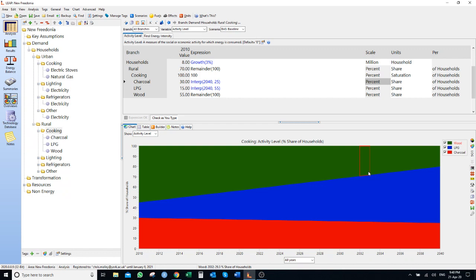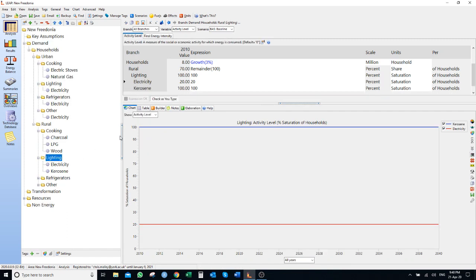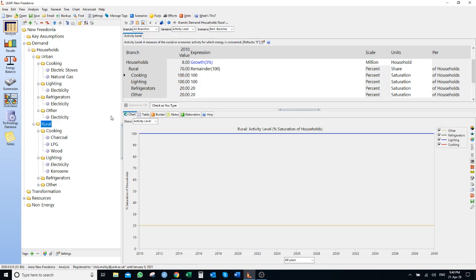The number of rural homes using refrigerators, lighting, and other devices is expected to increase to 40% by 2020, 73% by 2040. So now we have 2 years where we've been given a specific value. So we've been told that the number of households using refrigerators, so we're saying interp 2020 40%, 2040 73%.